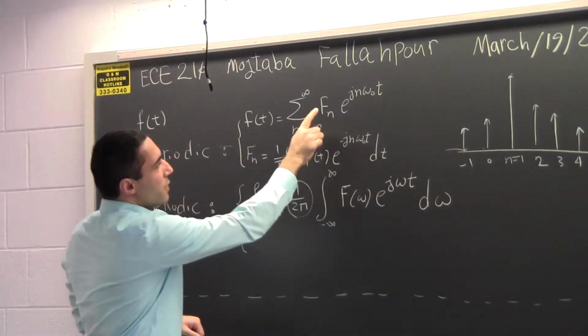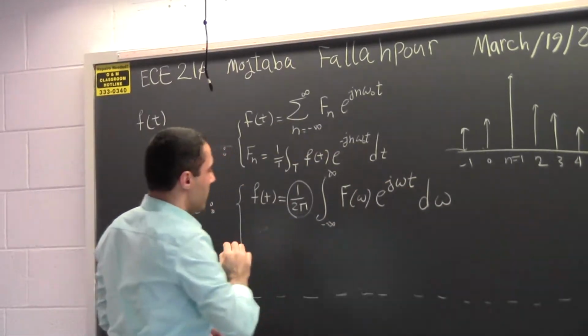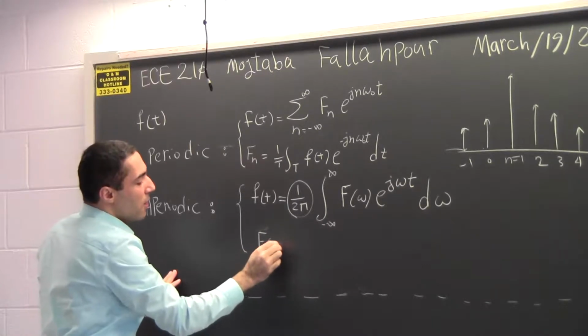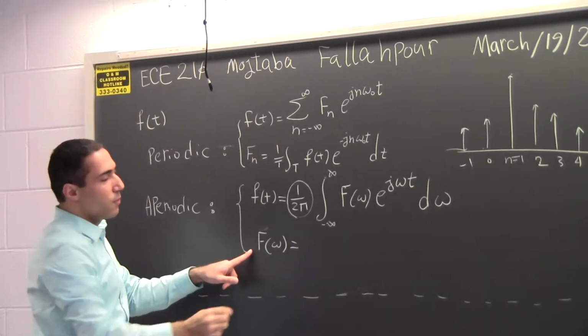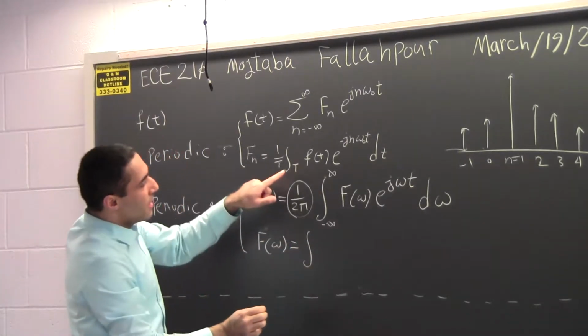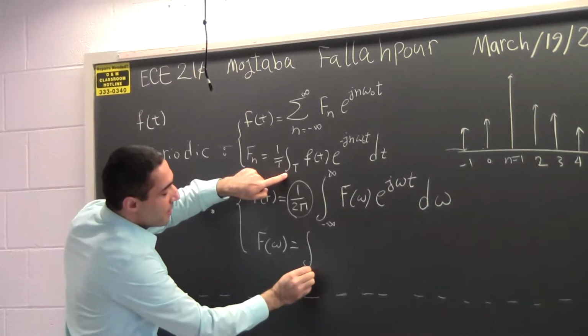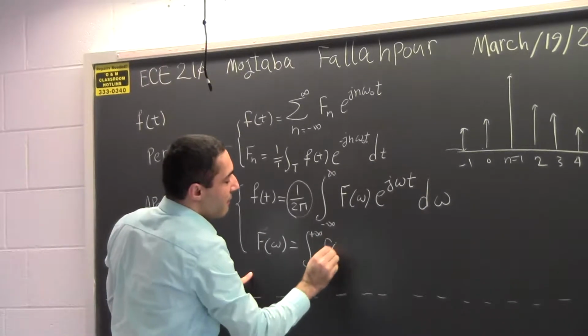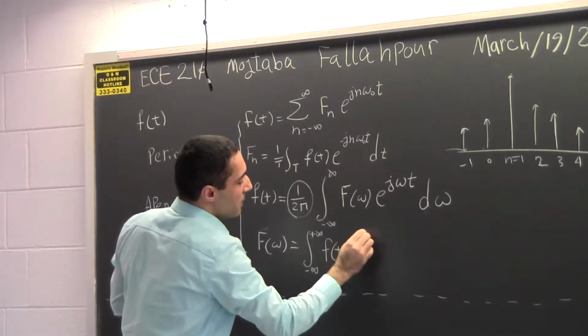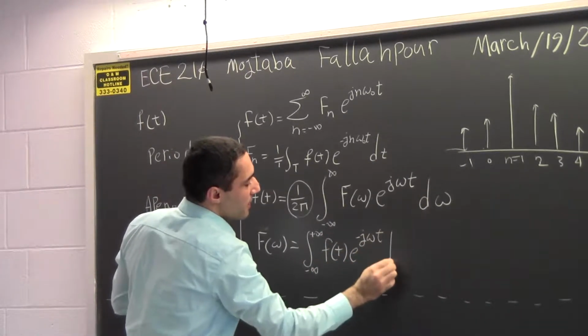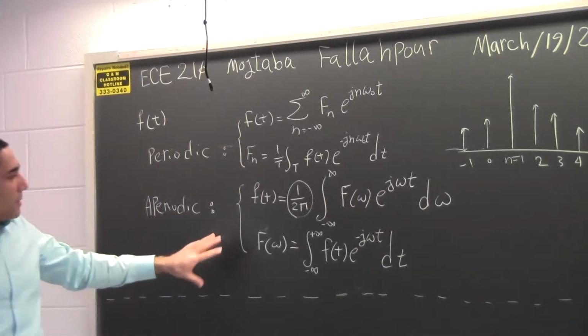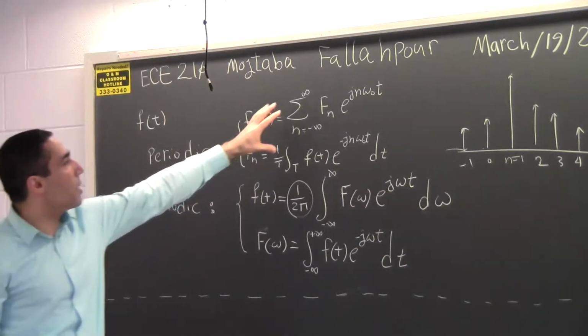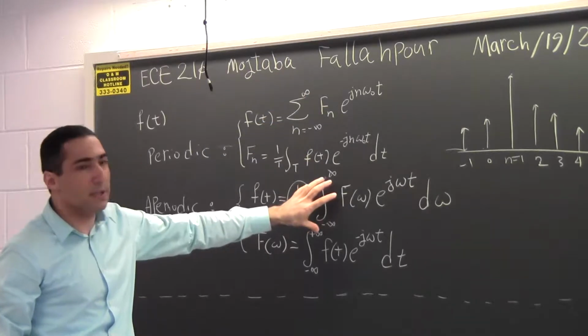So we integrate over frequency. And then F(omega), which is known as the Fourier transform, is calculated, instead of over one period, from minus infinity to plus infinity, f(t) e to the minus j omega t dt. So you can see the difference. No longer is it a summation; instead we have integrations.